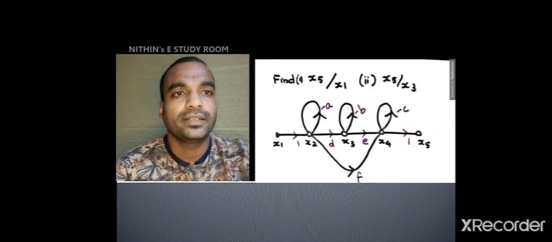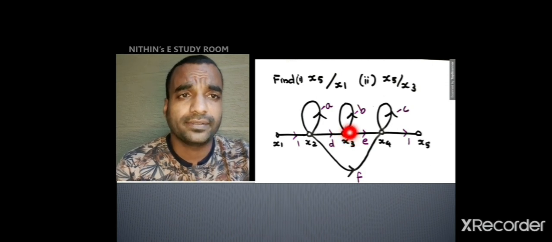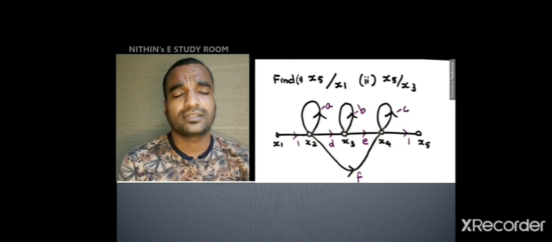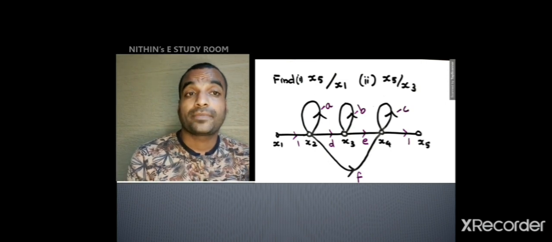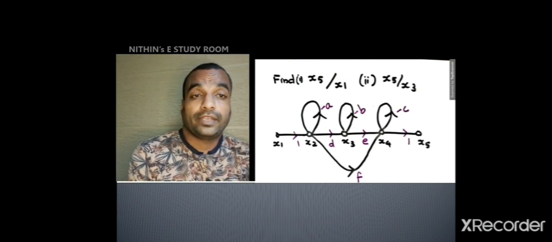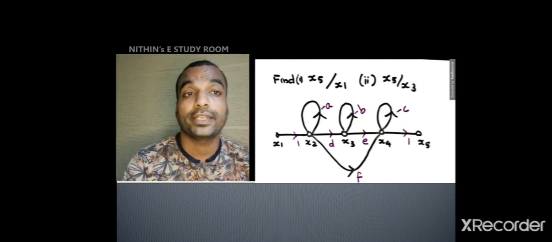This is x3. Anyhow, you have to consider it as an output node for the time being, like what we did, by drawing a straight line like that. You have to convert x3 into an output node, but even though x3 is obtained as an output node, x5 is not an input node.